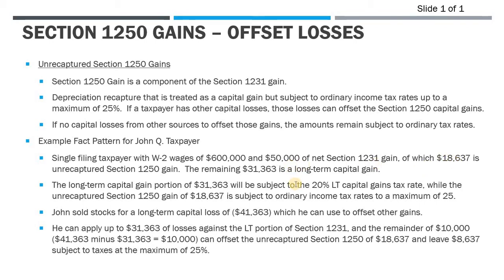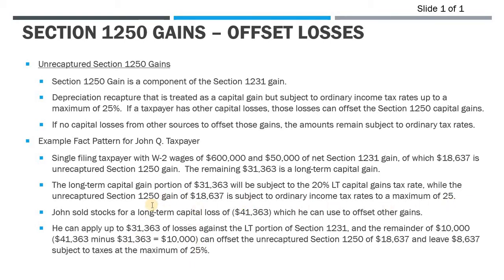The remaining is just pure long-term capital gain, Section 1231 gain, right? Now, the $31,363, that long-term portion, it's going to be taxed at a 20% rate because John's in his high income tax bracket given his W-2 income. But the unrecaptured 1250 gain, $18,637, is subject to ordinary income tax rates, but capped again at a maximum of 25%.